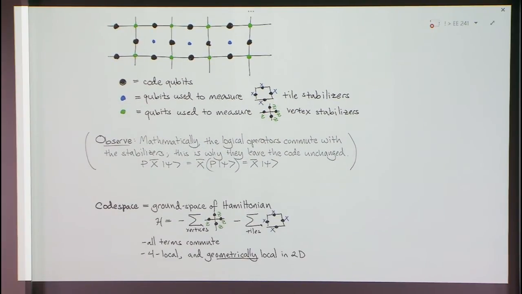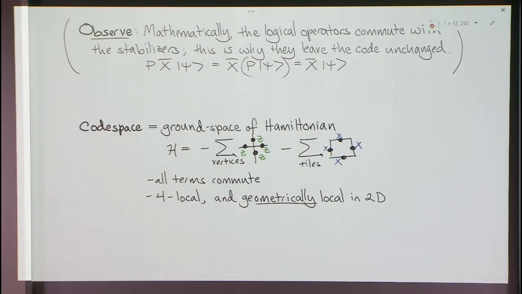When you're thinking about Hamiltonians and complexity, you can think of this code space as the ground space of a simple Hamiltonian. I claim it's the ground space of this Hamiltonian, which is minus the sum over all vertices of the Z stabilizers minus the sum over all tiles of the X stabilizers. That's because all these terms commute with each other.